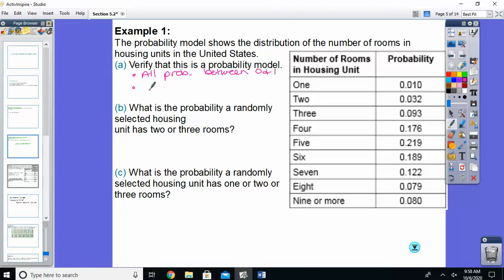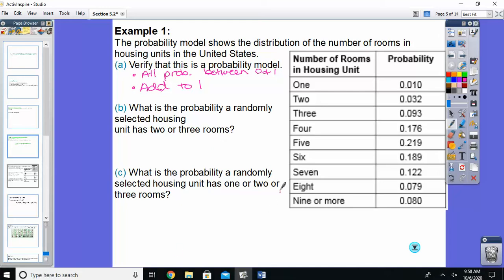Okay, quickly let's add them up. And it does add to 1. So if I put this on a quiz or test and I say verify, you have to tell me that you've looked at both of those things.